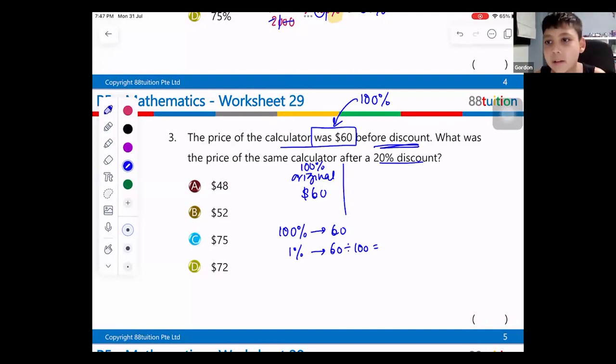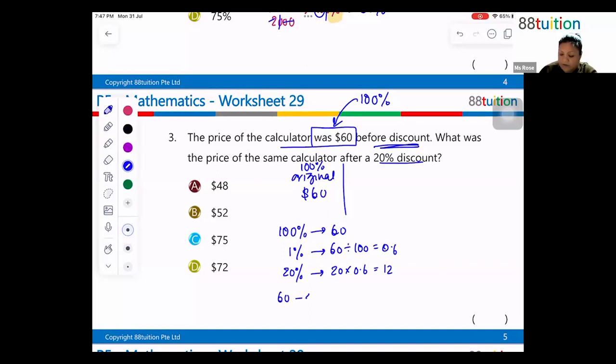Yeah, 0.6 or 0.60. And then what you want to do after that is you want to find 20%, which is 20 times 0.6. That gives you 12. So 12 is 20%. So $60 minus $12 is $48. Okay. Thank you very much, Gordon.